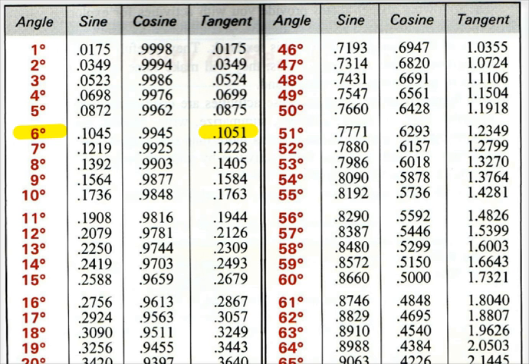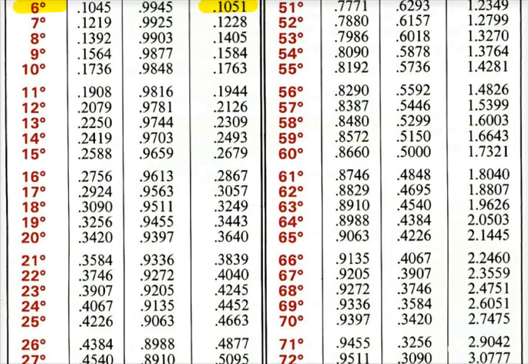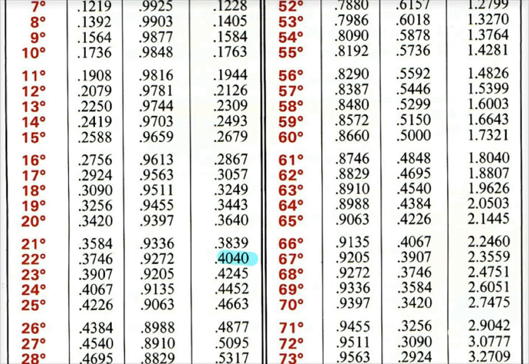Or if I asked the reverse and said, if the tangent of some angle is 0.4, what's the angle going to be? Well, then I would just start scanning through the tangent column until I found the closest decimal to 0.4. Well, here's the closest decimal I have to 0.4. So if the tangent is 0.4, that's going to mean it must have been a 22-degree angle.